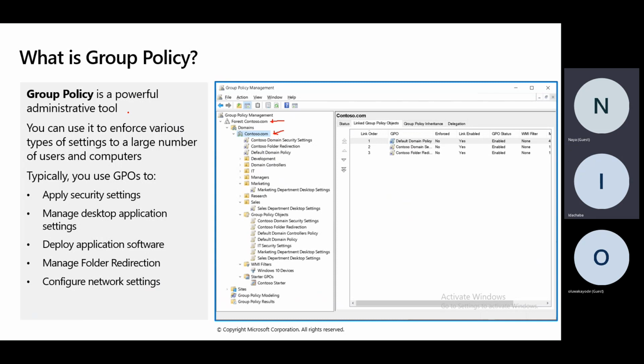Which other one? PowerShell. Which other one? Active Directory, for users and computers. Exactly.